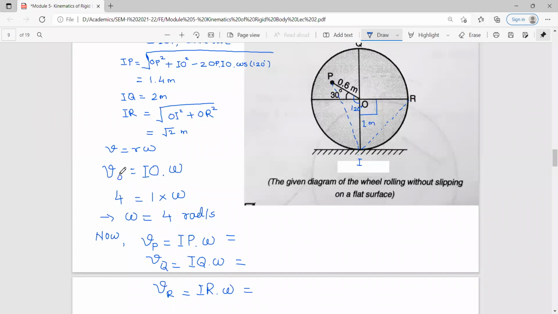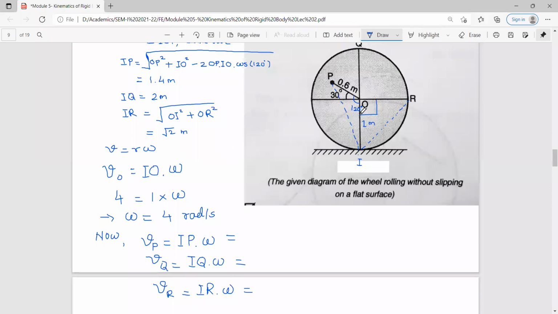The distance of point O from the center of rotation. So point O is here. Center of rotation is I. I is the instantaneous center of rotation.